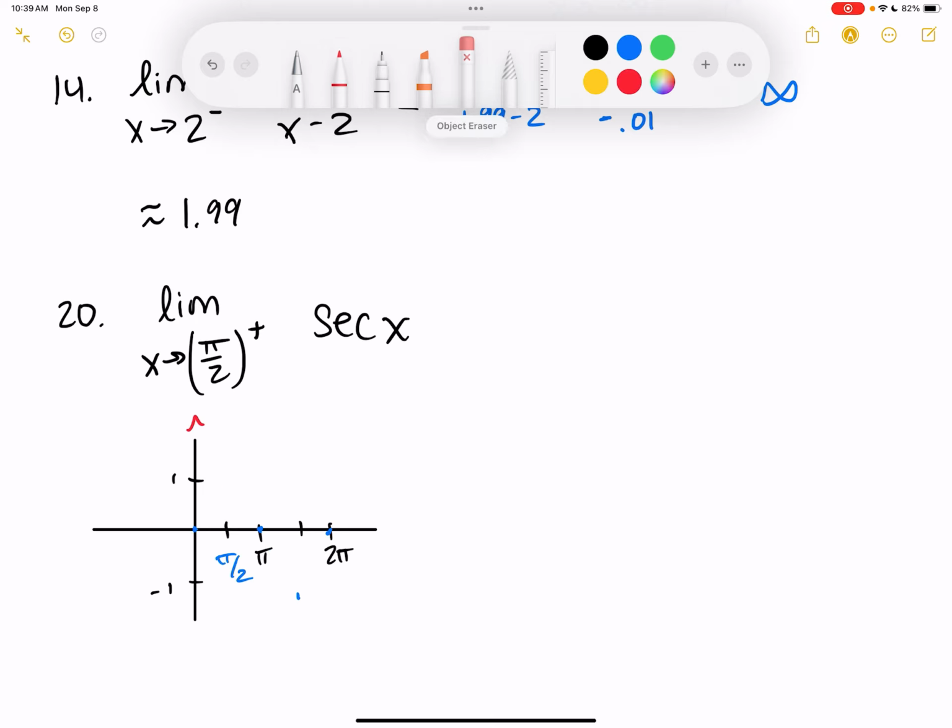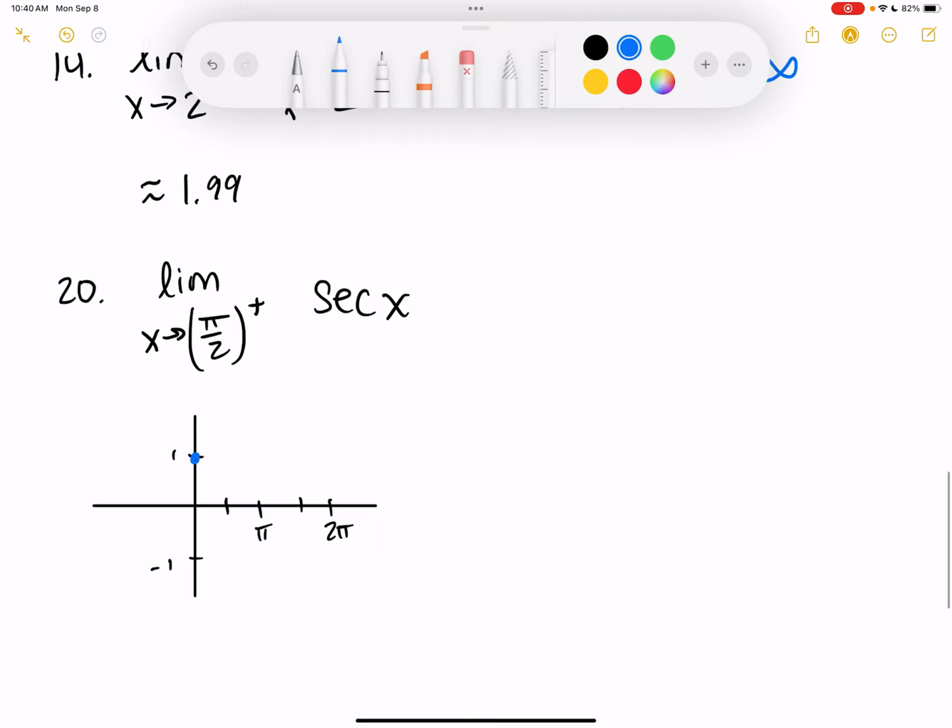Cosine does not start at 0. Cosine starts at 1. So it should have been here, then here. So this would be like this.